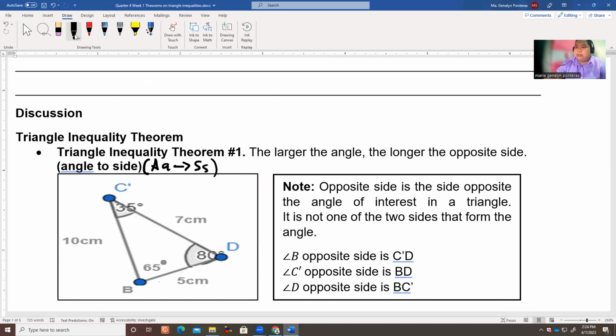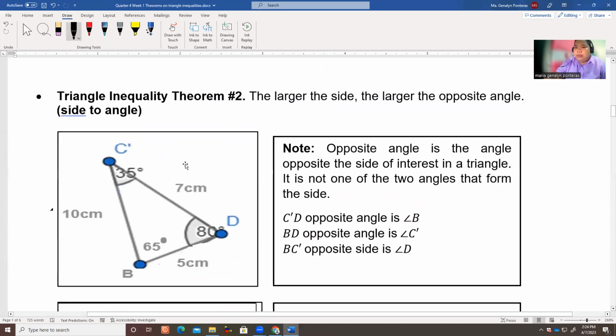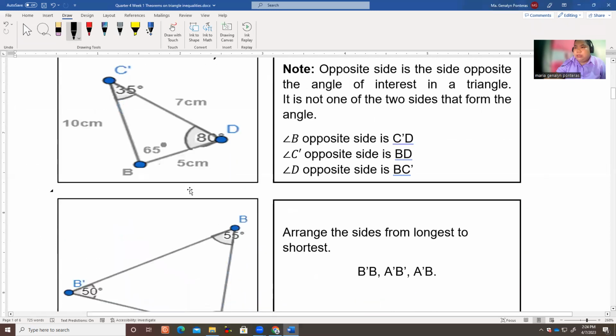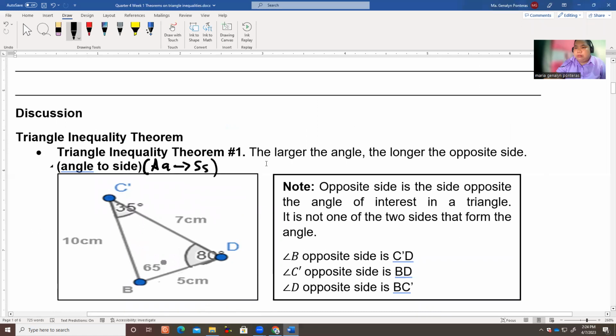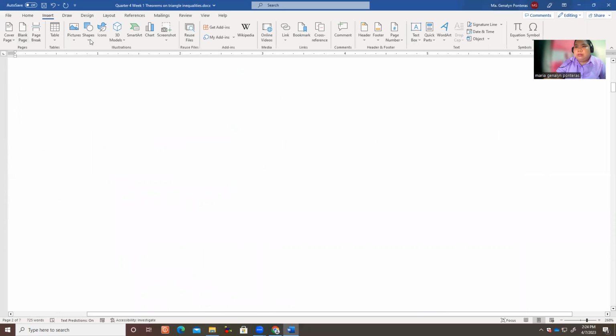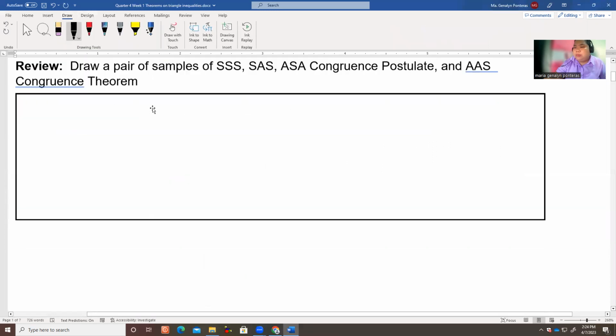And the second one is side to angle, double S to A. So that's triangle inequality theorem number two: side going to angle.